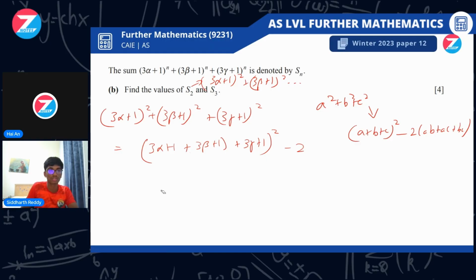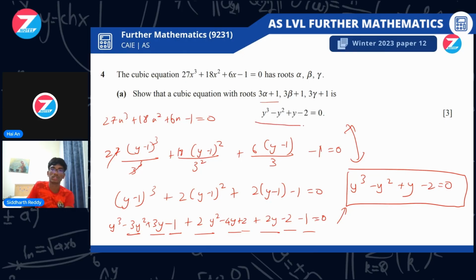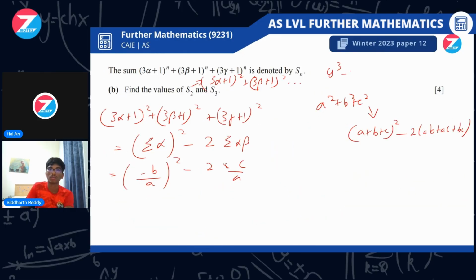So what you notice is this is nothing but the sum of roots whole squared minus 2 times the sum of roots taken 2 at a time. Right? So this is going to be (minus b by a) whole squared minus 2 into c by a. So 3 alpha plus 1 and the others are the roots of this equation, y cubed minus y squared plus y minus 2 is equal to 0, right?